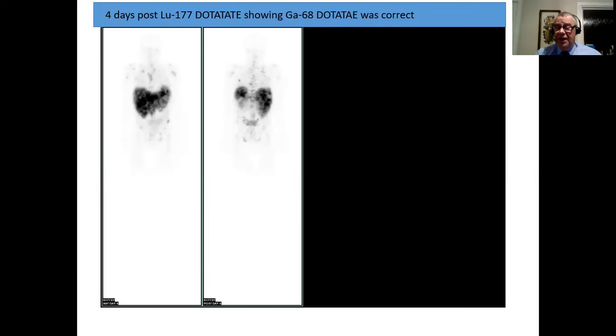So the gallium-68 DOTATATE was a much better predictor of tumor uptake than the indium octreotide. So again, if you're heading towards PRRT, we would recommend patients are imaged with the gallium PET agent.